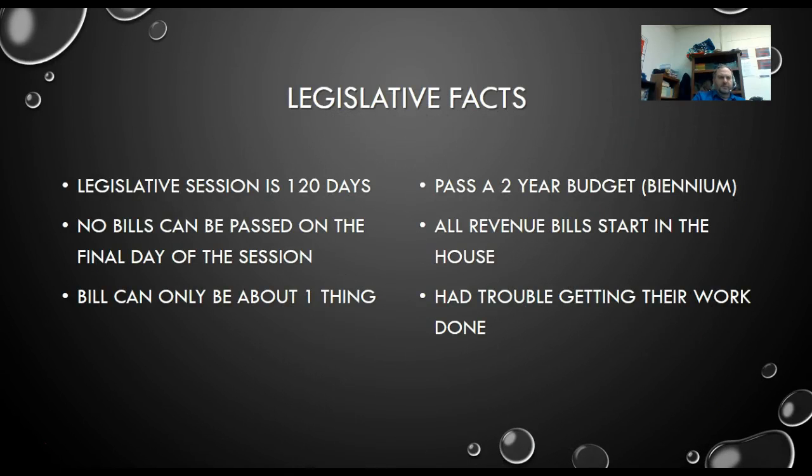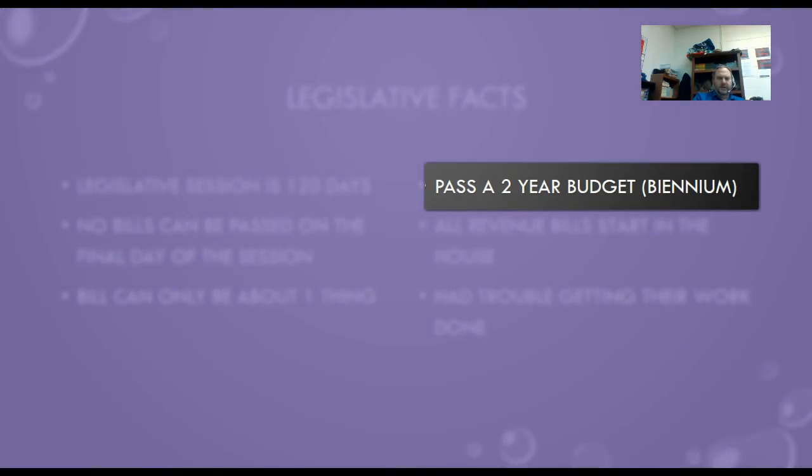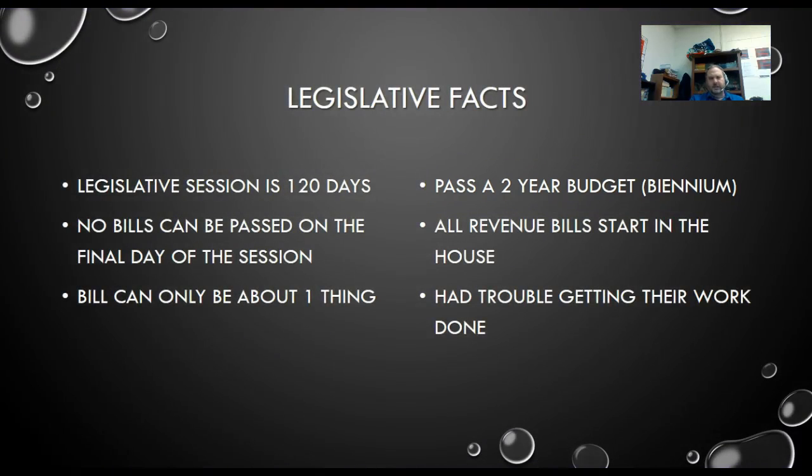Here are some facts about the legislative session. Let's start out with the budget. That's probably the most important thing that the legislature does, in addition to passing the state laws: decide how the state is going to spend its money. Some of the places where money is spent are schools and roads, and then what areas of the state are going to get money for economic development.